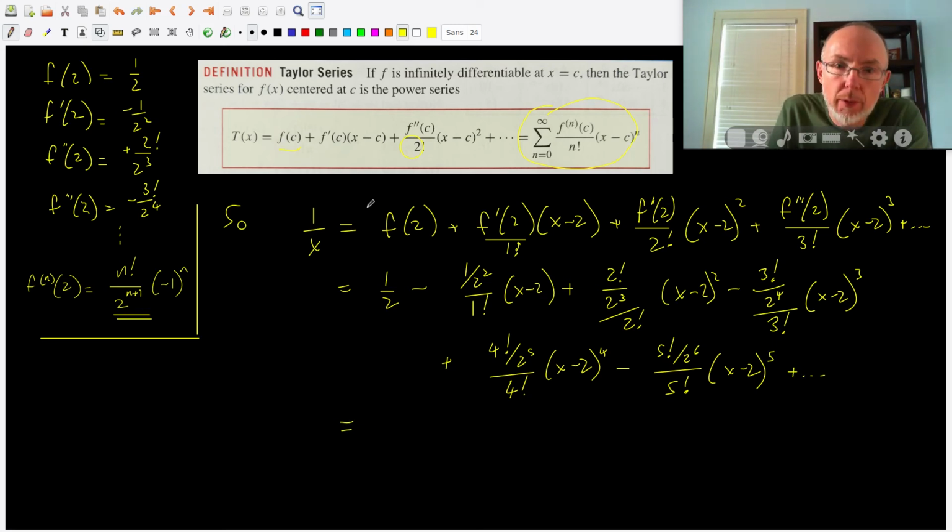And so simplifying, what you see here is that the factorials are cancelling, right? There's a 1 factorial here, which is just 1 anyway. The 2 factorials cancel, the 3 factorials cancel, the 4 factorials cancel, the 5 factorials cancel.